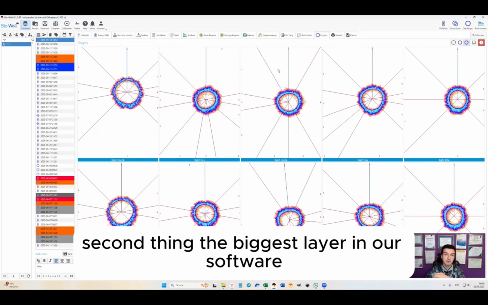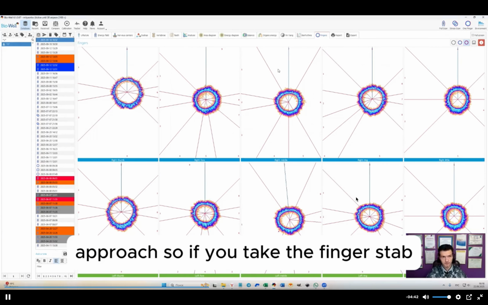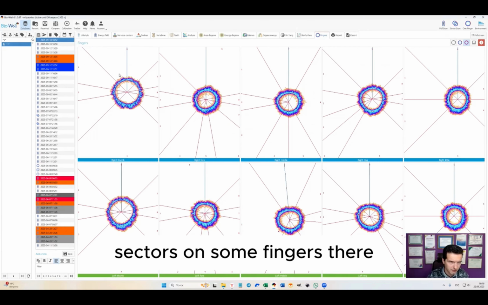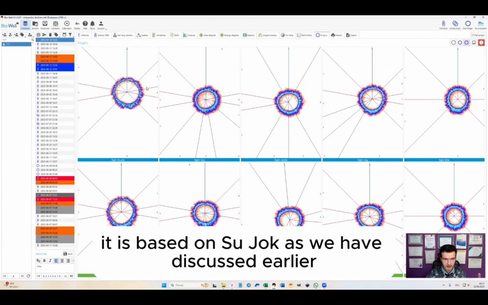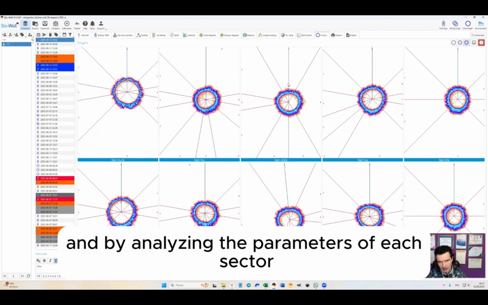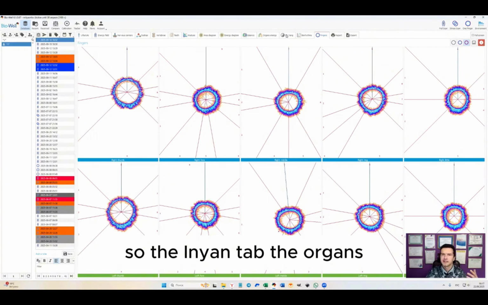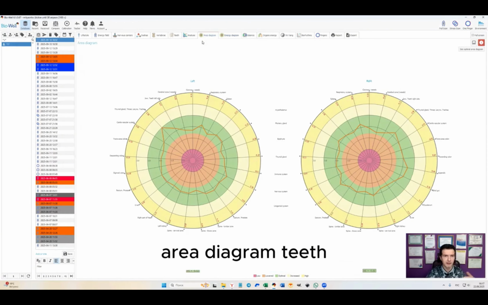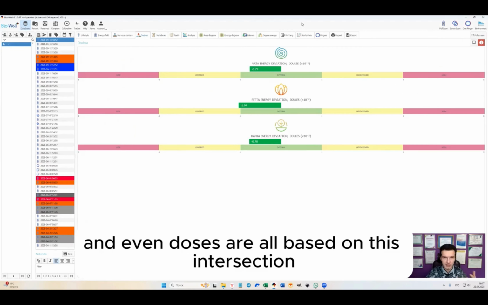Second thing, the biggest layer in our software is based on the acupuncture point approach. If you take the fingers tab and you see the intersection of each finger, these sections, sectors, and some fingers have 7 of them, etc., it is based on Su Jok, as we have discussed earlier. And by analyzing the parameters of each sector, our software can calculate lots of stuff. So the Yin tab, the organs energy, balance tab, energy diagram, area diagram, teeth, vertebrae, and even doshas are all based on this intersection.